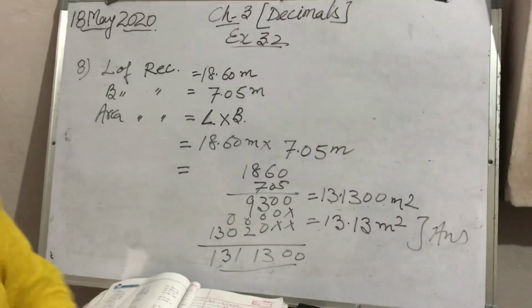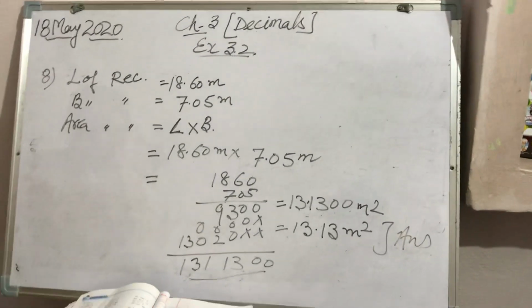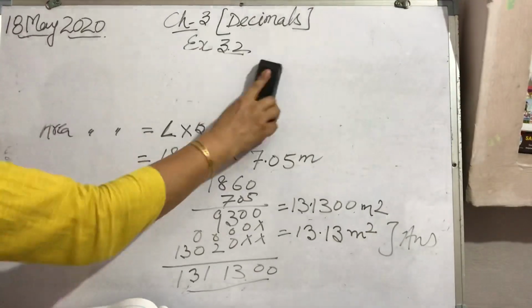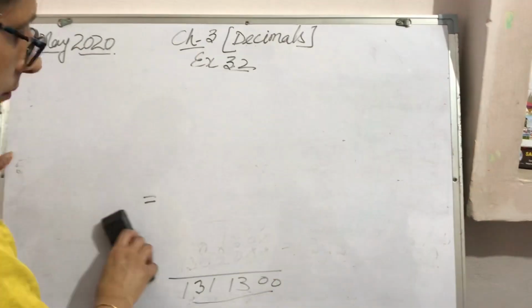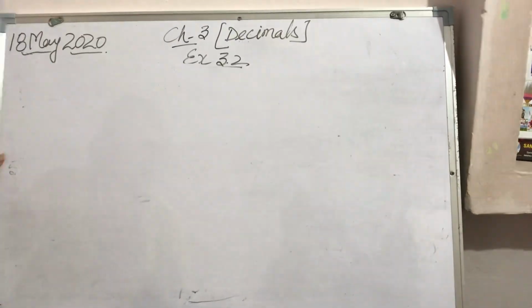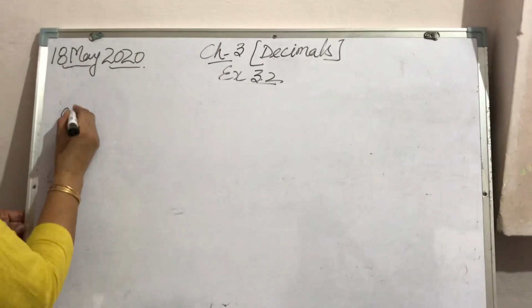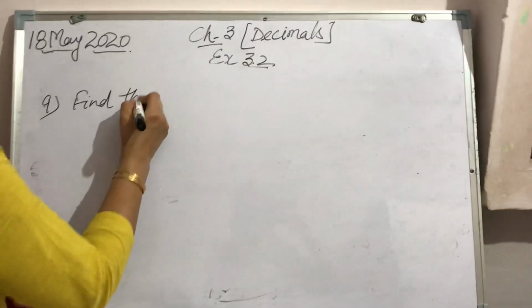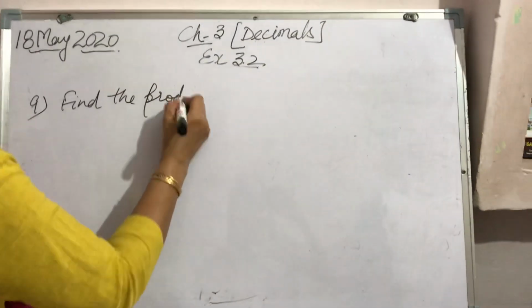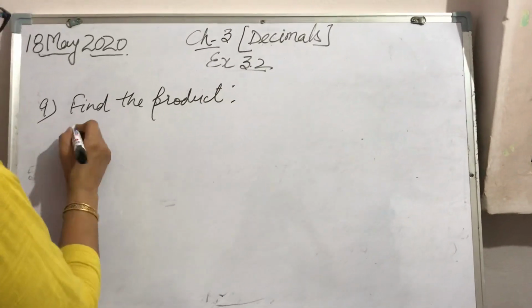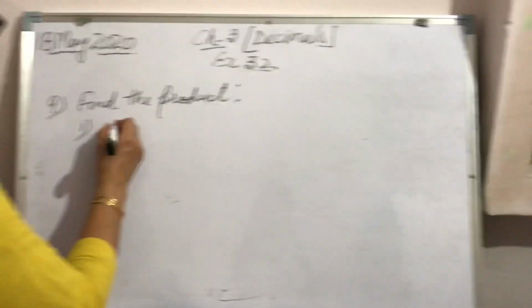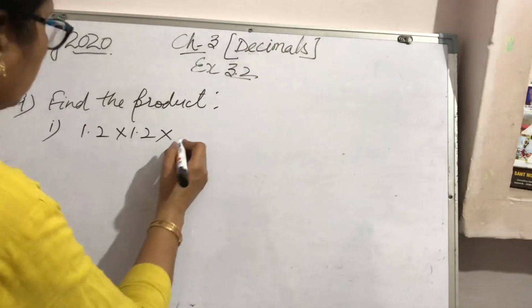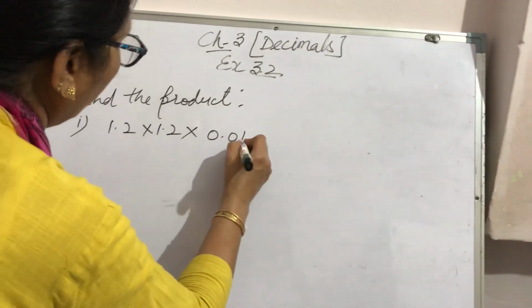Next, question number 9. Ninth question, find the product. First part, 1.2 multiplied by 1.2 multiplied by 0.012.